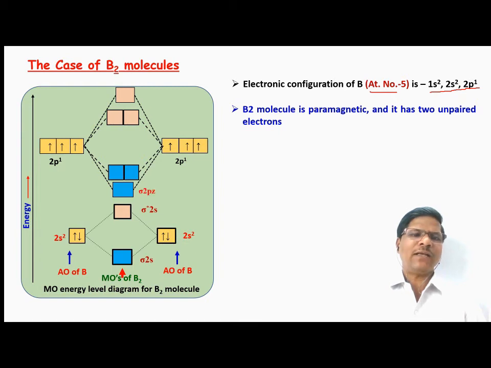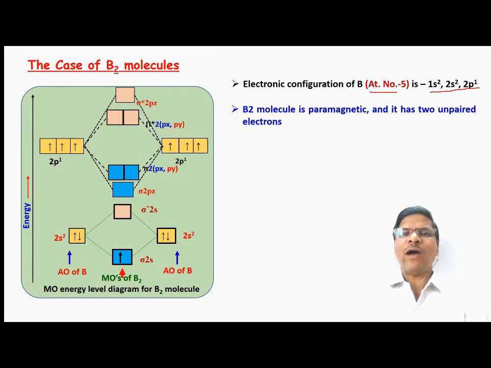So we have sigma 2s, sigma 2pz, pi star, and sigma star 2pz. You are familiar with this molecular orbital energy level diagram, and now we will fill the electrons. So totally how many electrons do we have to fill? 6 electrons.